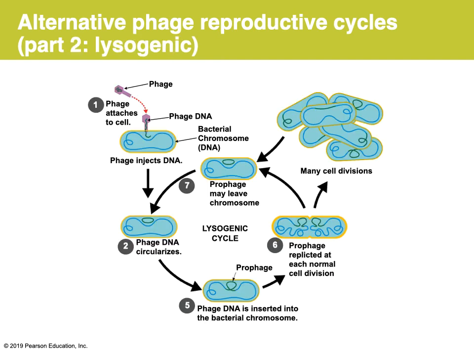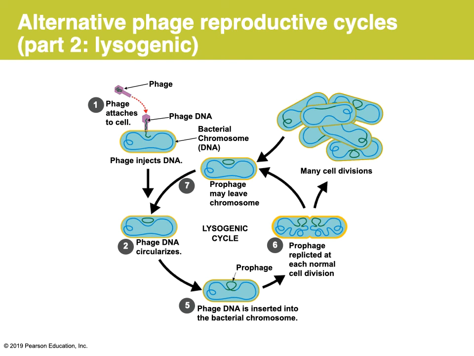Once again, the phage attaches to the bacterium, injects its genetic material, but instead of taking out the host DNA, the phage DNA grafts itself into the bacterial chromosome. We refer to this now as a prophage. So now you've got that viral DNA as being part of the bacteria's DNA.